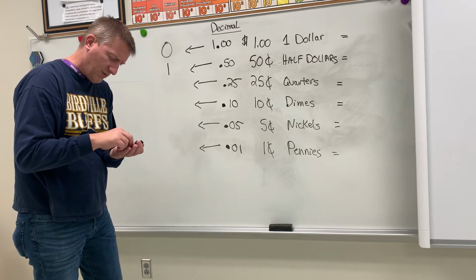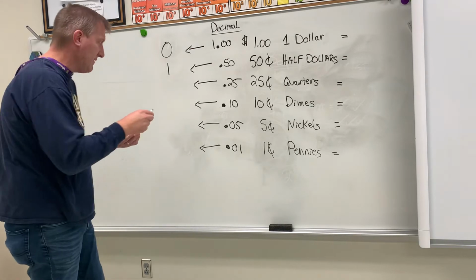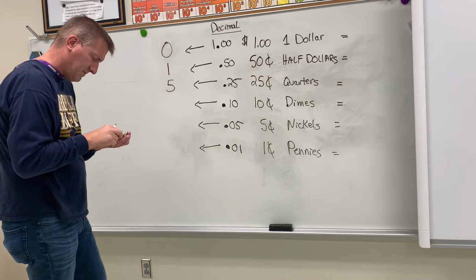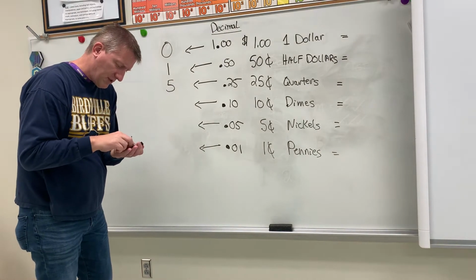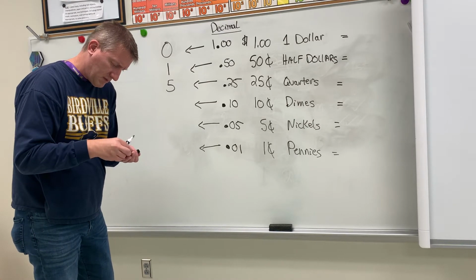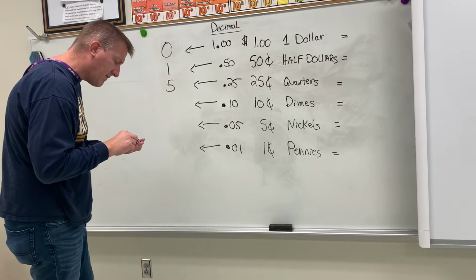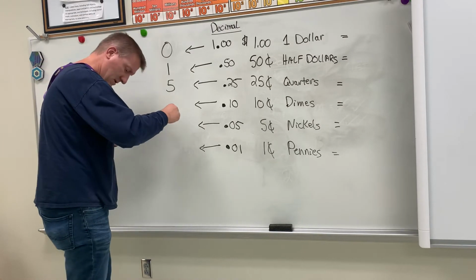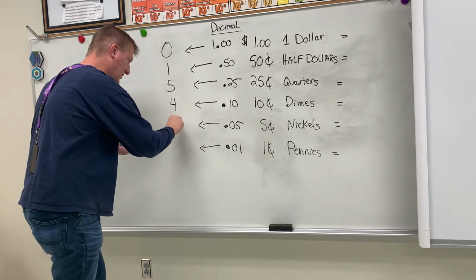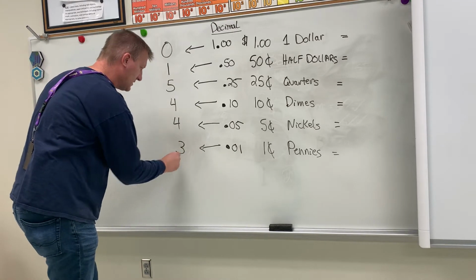I have 1, 2, 3, 4, 5 quarters. I have 5 of those. I have 4 dimes. I have 4 nickels, and I have 3 pennies.